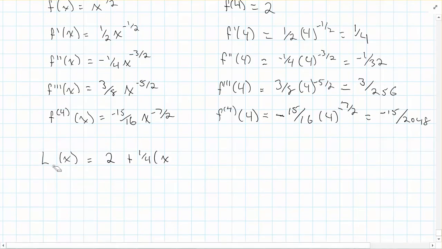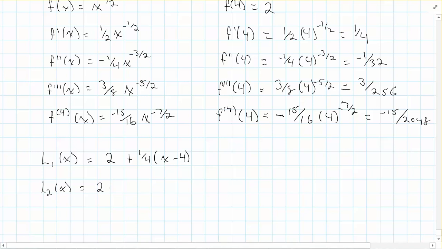So instead of doing L3, let's do L1, x minus 4. So that's my linear approximation for L1. So L2, we're just going to go through this all again like we did it.